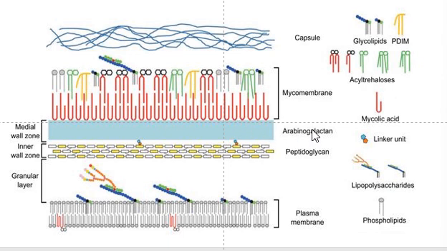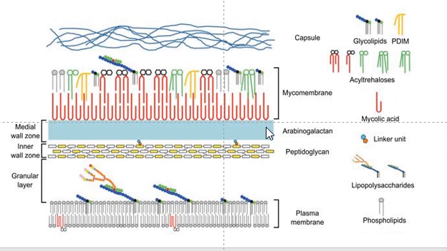Now this arabinogalactan is actually a complex branched polysaccharide linker molecule, meaning that it links or connects two important structures.